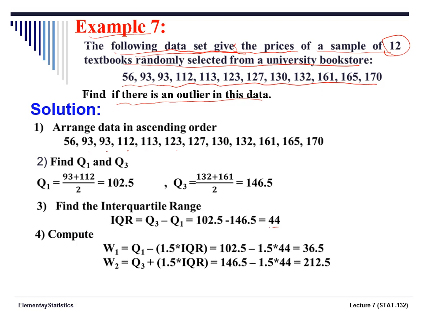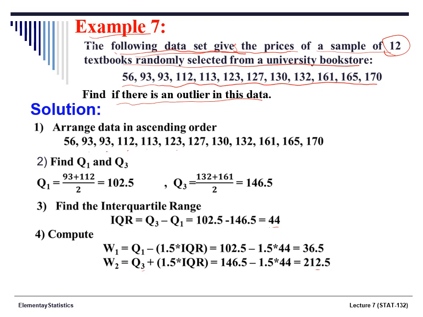If you substitute these values in the formula you will get 36.5, and W2, Q3 plus 1.5 times IQR, equals 146.5 plus 1.5 times 44, which is 212.5.